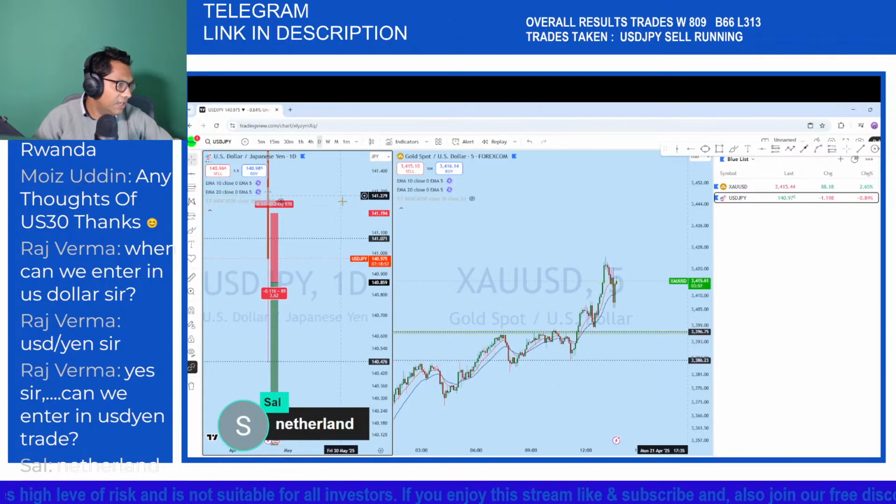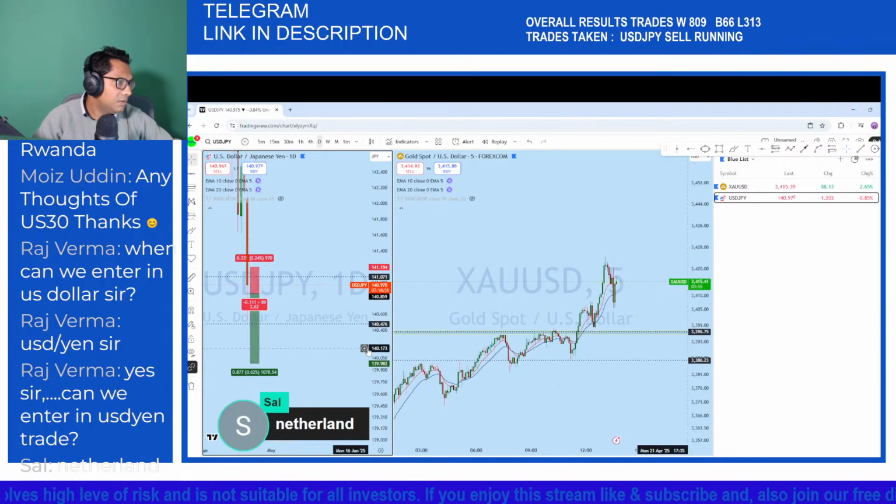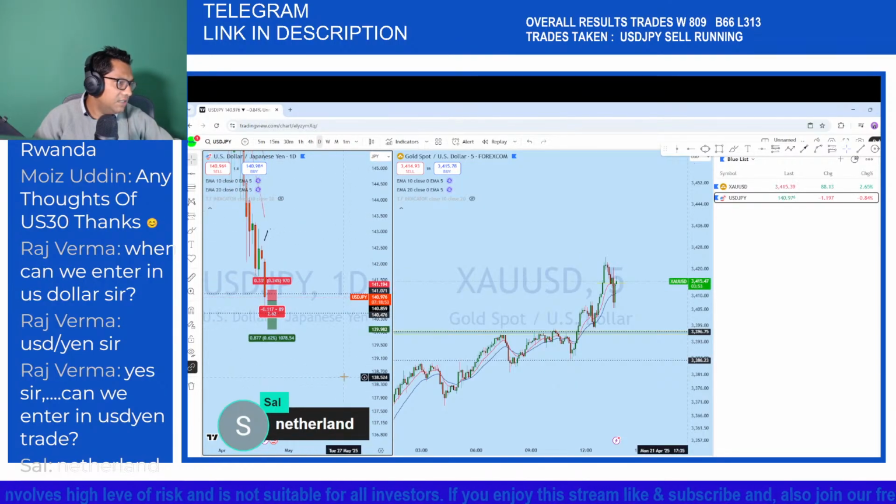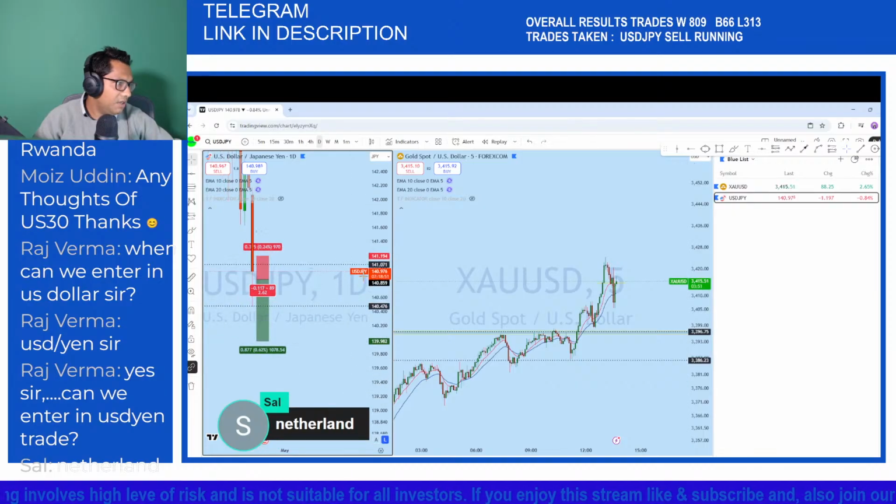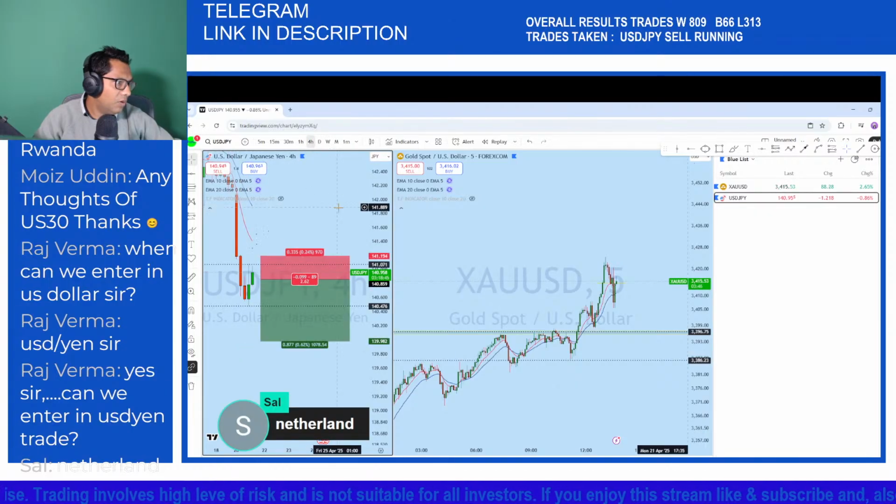Looking at the daily here on dollar yen, from the daily it's a sharply falling market. From the 4 hour here as well.